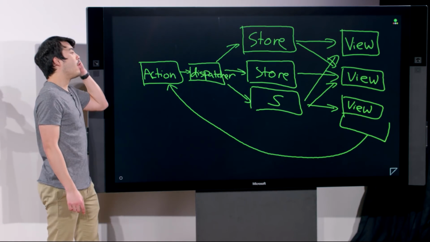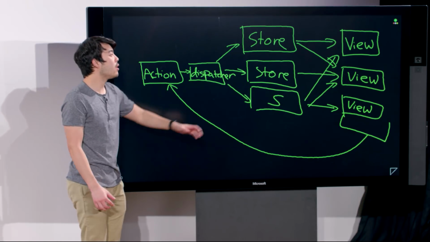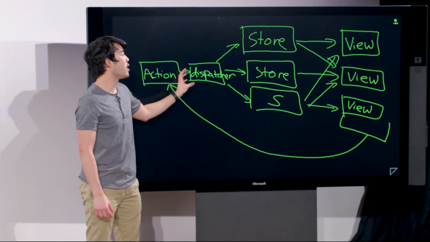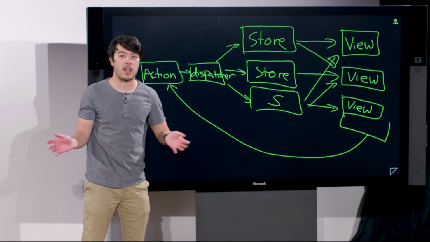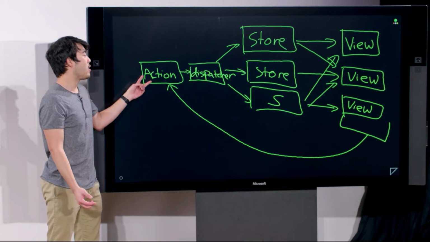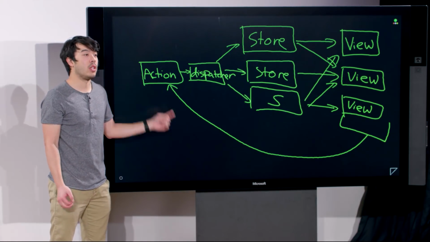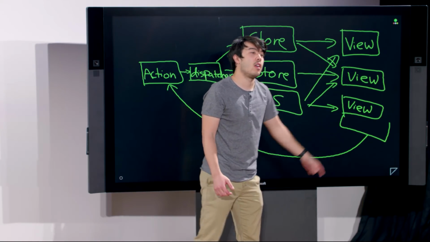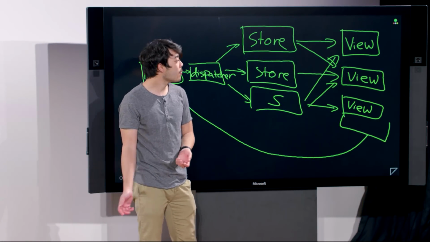So to repeat myself, the only way to update the data that's stored in an application is through this thing called a dispatcher. And we don't really control this dispatcher. We only tell the dispatcher to start by dispatching an action. And how do we trigger an action? Well, we interact with the views. And by we, I mean our users.